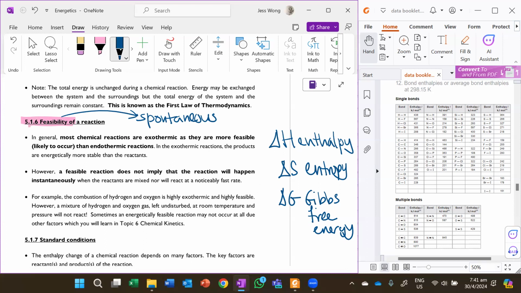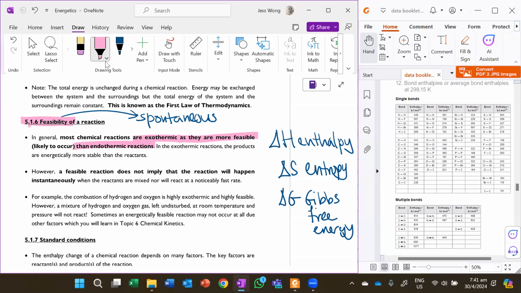So delta G is the most accurate way, although generally most exothermic reactions tend to be more feasible than endothermic reactions. Okay, that's a general trend. But if you want to be very sure, then we will have to calculate delta G, which is the Gibbs free energy.